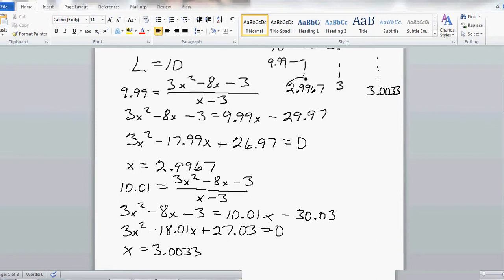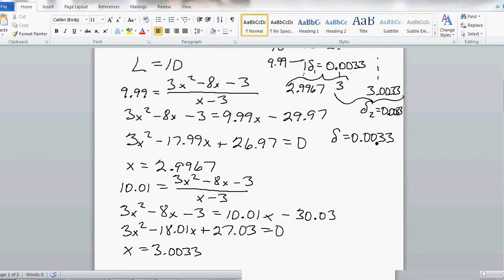Now, once again, all we have to do is find the deltas. Delta sub 1 would equal 3 minus 2.9967, which is 0.0033. And delta sub 2 would be 3.0033 minus 3, which is 0.0033. And so delta equals 0.0033.